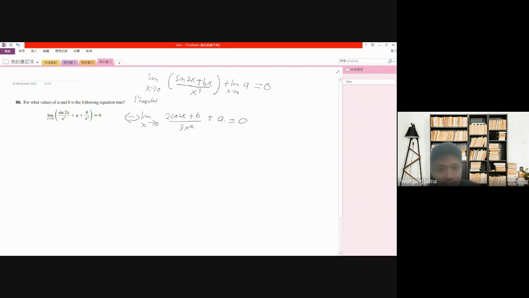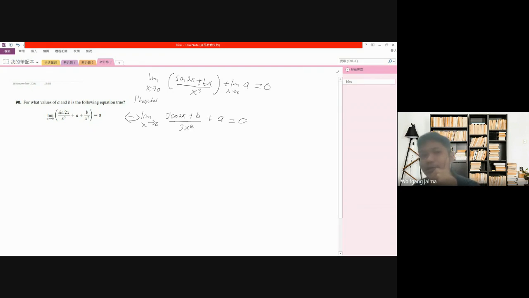Now the problem is, we need to make it into an indeterminate form, right? Actually, it doesn't need L'Hopital, but hey, do we need L'Hopital? I'm not sure. Something over zero.